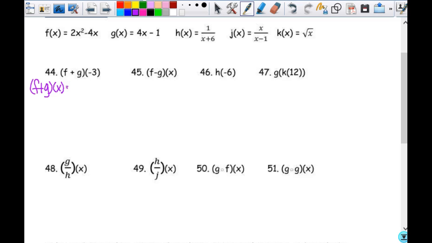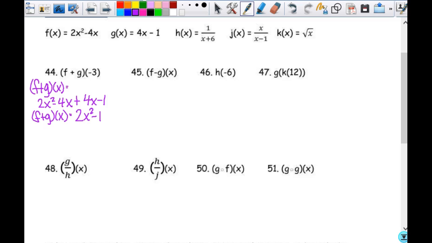So I'm going to take f of x, which is 2x squared minus 4x, and I'm going to add to it g of x, which is 4x minus 1. So f plus g of x equals 2x squared minus 1.